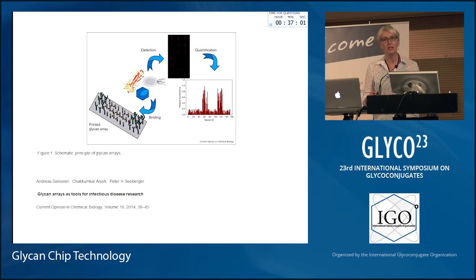So unashamedly, I've taken some of my slides from those articles. I'll give you a little bit of an overview, but if you want much more detail, there are some very nice reviews in that whole issue by some of the key players in the Glycan array field.